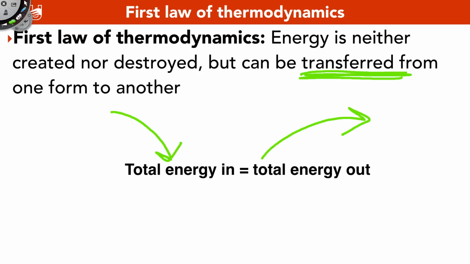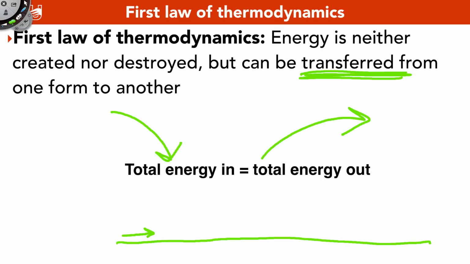Now you might say, well, if that's true, then why can't we have perpetual motion machines? Why don't perpetual motion machines work? Why is it that if I push something on the ground, so this is the ground right here, and I impart energy onto something, why can't that thing just keep on going?